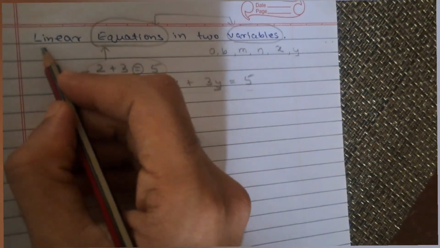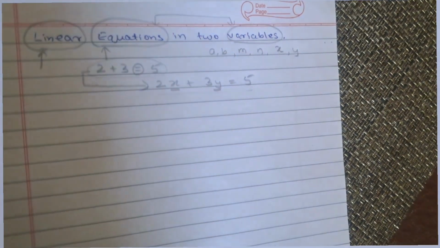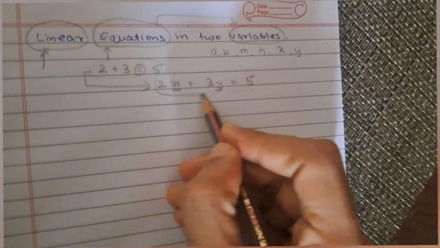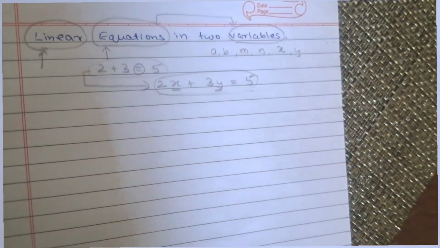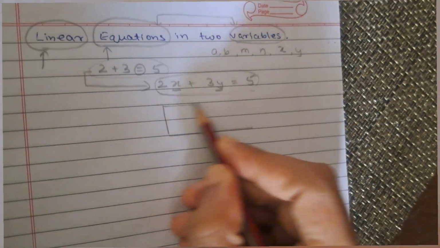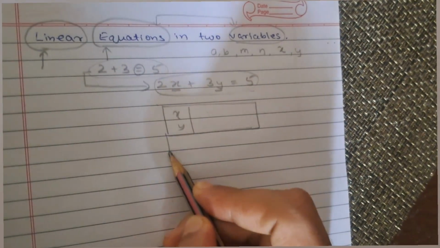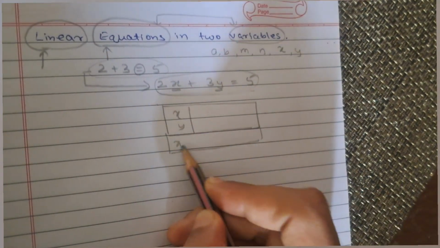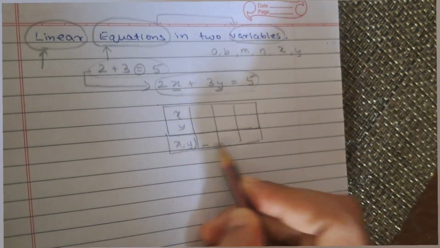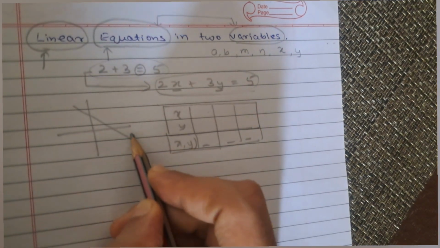Now finally, coming to the word linear. What does this linear mean to us? In lower classes, we might have seen that using such an equation, we used to draw a line. Just to recall, we used to create a box like this, in which we used to write x, y, and at the bottom we used to write x comma y. Then we used to identify a few numbers, and with the help of those numbers we used to plot a line on a graph paper, right?